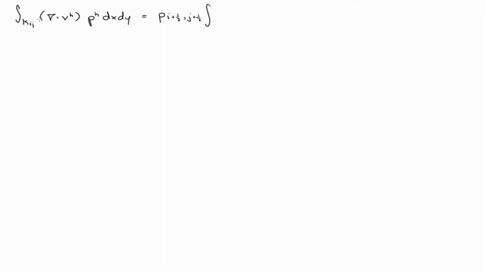Now that P's outside the integral, we're going to use the divergence theorem to change that volume integral to a surface integral. So now we're going to integrate over the surface of ij, and because we used the divergence theorem, we'll get V in dx dy. Okay?